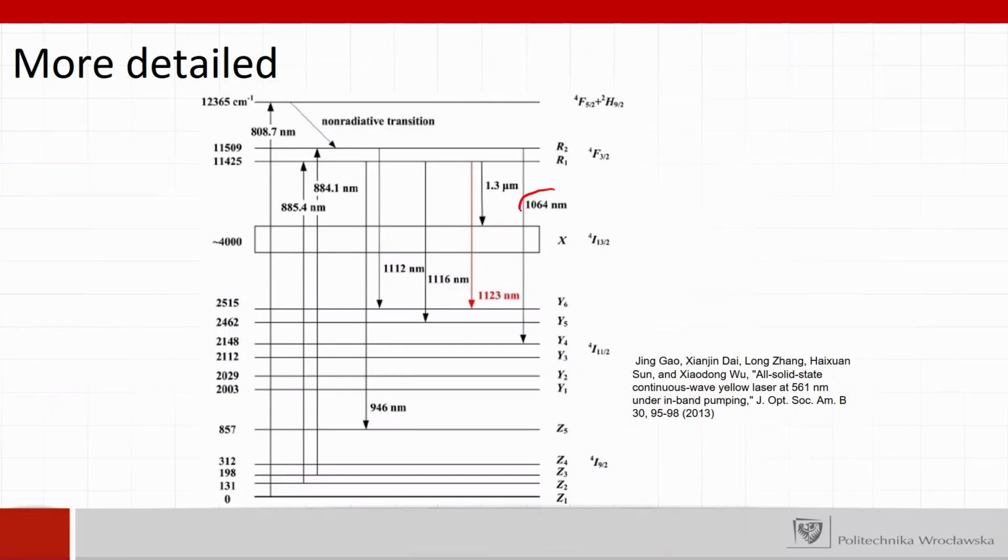The 1064, the most intense one, is just one of the lines, but there are examples of neodymium lasers working at other wavelengths as well. But as I said, the most popular one is the 1064 nanometer wavelength.